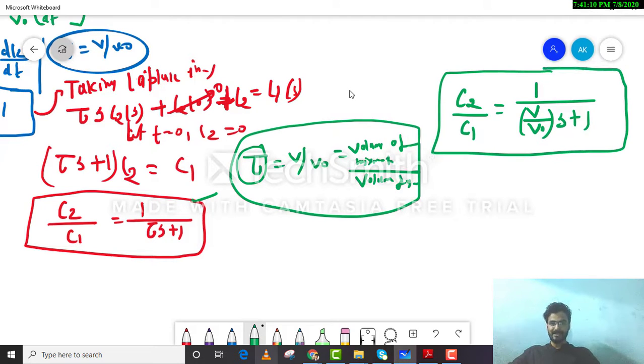Just understand how it will work. How are we going to relate these things with our output? That's the main concern here.